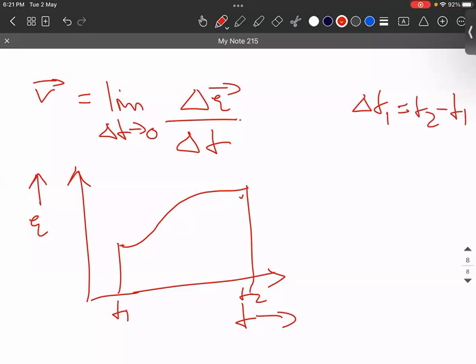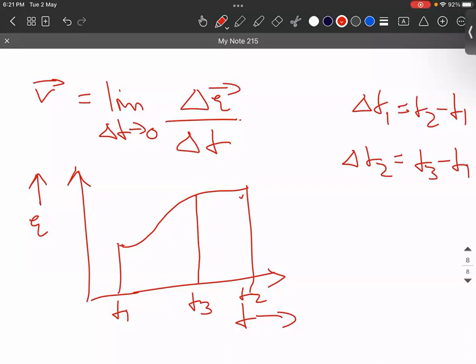Fine. Now I divided it into a smaller part and I called this instant T3. Now I define delta T2 as T3 minus T1. Are you getting what I did? I took a smaller portion, correct? And I called it delta T2, smaller portion. Okay? Is this clear?